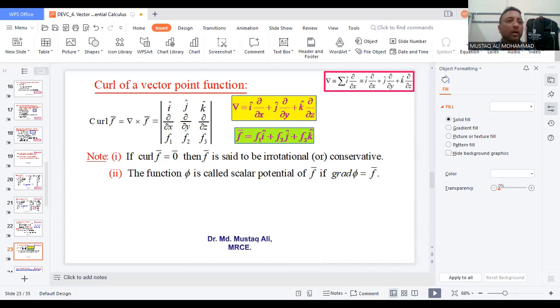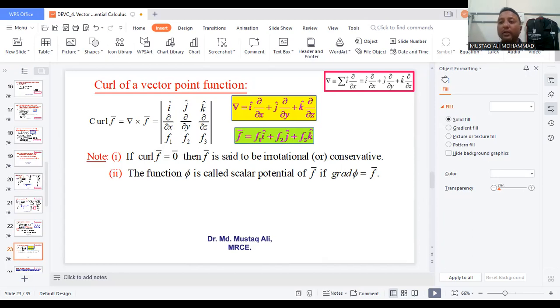If we apply the cross product, that is called curl of a vector point function. So curl f bar is equal to del cross f bar, and the formula is the determinant of i, j, k; ∂/∂x, ∂/∂y, ∂/∂z; and f1, f2, f3. So this is our required curl f bar formula here.